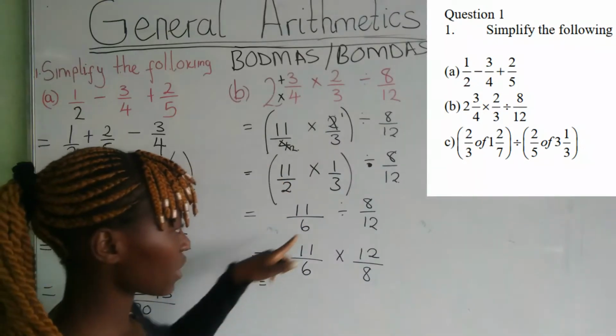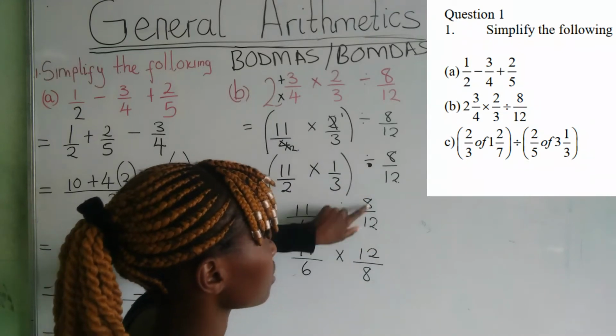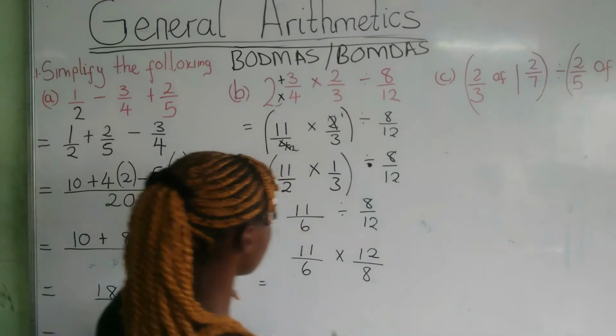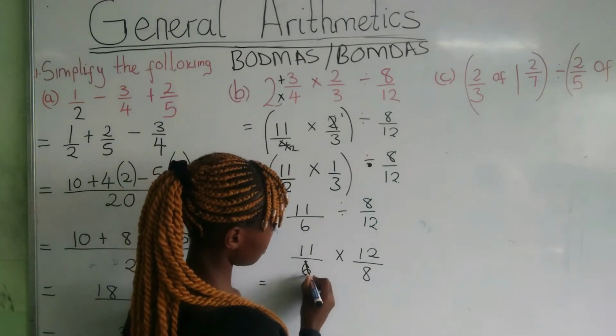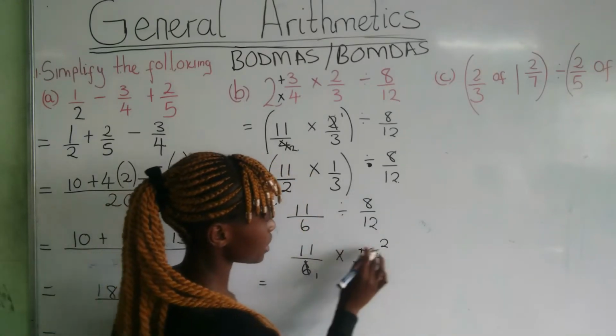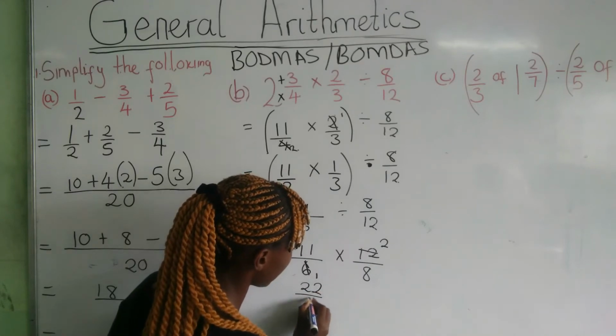Remember that for division, we change the divisor, and it becomes 12 over 8. Then we simplify. 6 into 6, 1, 6 into 12, 2. Then we get 11 times 2, that's 22 over 8.